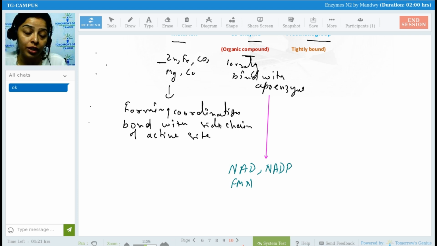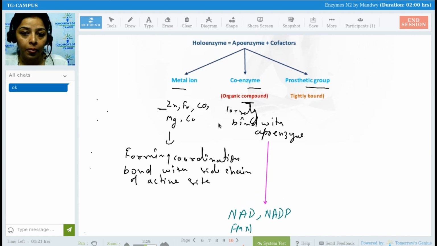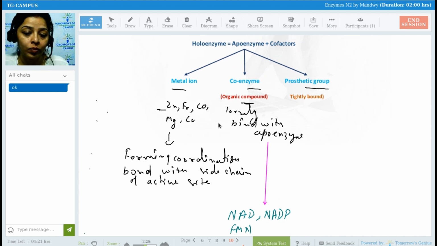Prosthetic group, as I told you, is again an organic compound which is tightly attached to the apoenzyme. The examples are catalase and peroxidase. So when the prosthetic group is attached to the protein and makes the enzyme firmly, it breaks down or digests the complex molecule into the simpler form.